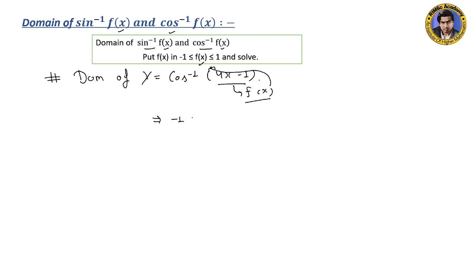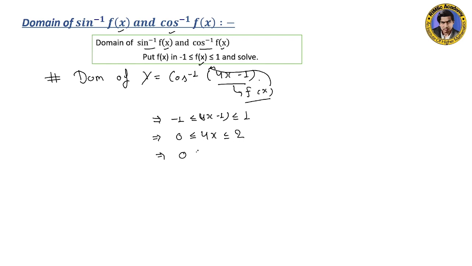So -1 is less than or equal to f(x), what is f(x)? Our 4x minus 1, less than or equal to 1. Here we add 1 to both sides. So this is 0, and on this side 1 plus 1 is 2, and minus 1 plus 1 cancels out.